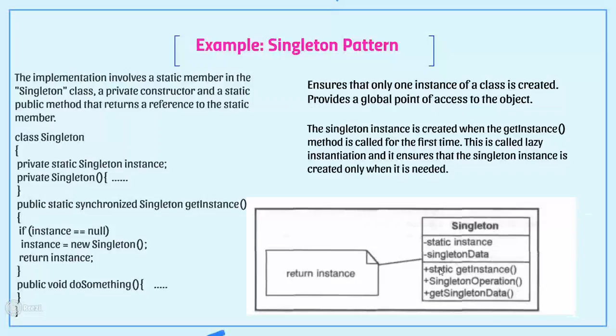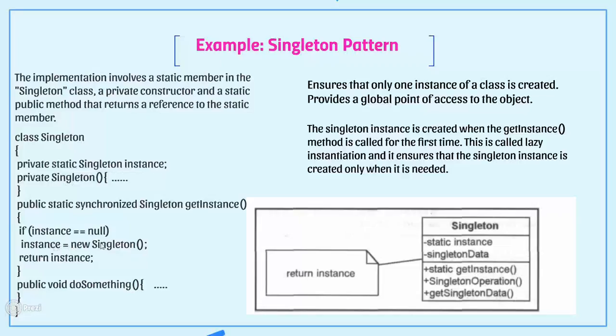Also we have one static public method, the getInstance method, that we will use to call our instance and also initialize our object by using the private constructor. If you look at this code, we have the class, the private instance, and the private constructor. We will use getInstance, which is static, to instantiate our object.